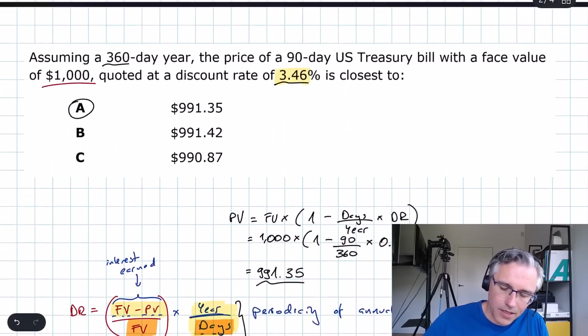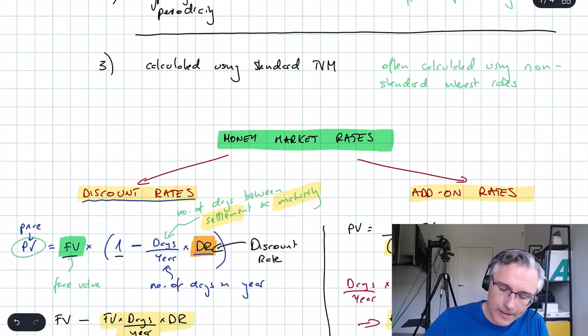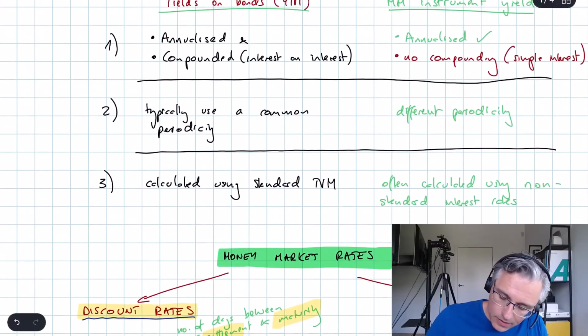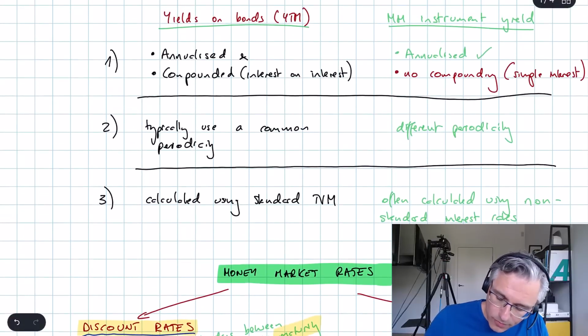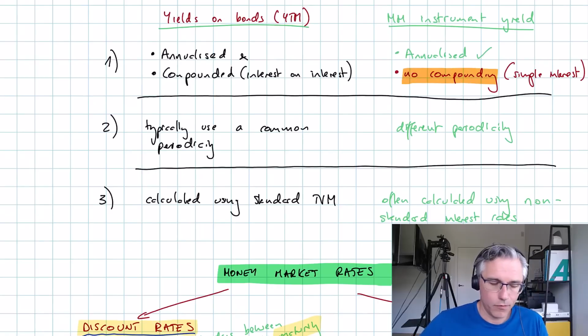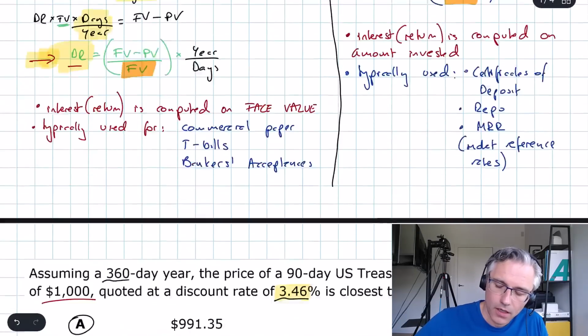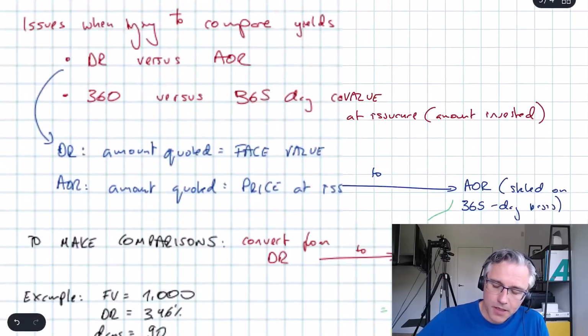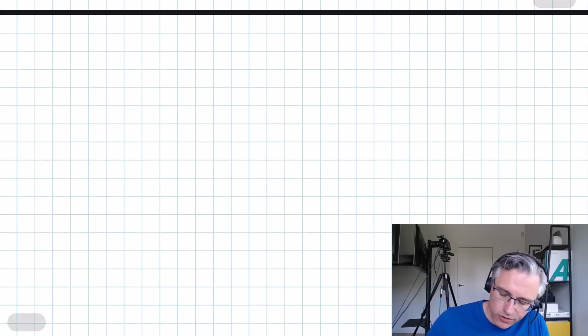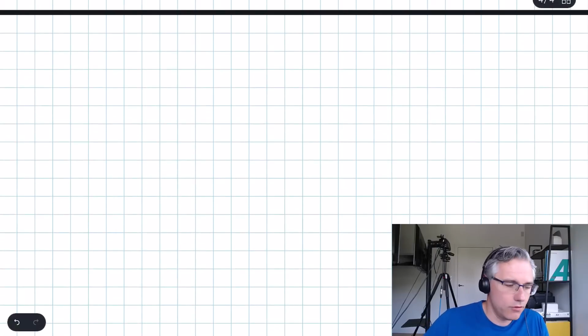But at the top of the lesson, I also wrote that these instruments contain no compounding in them, right? It's just scaling up linearly. And that's all very good if you're just trying to compare instruments to one another.